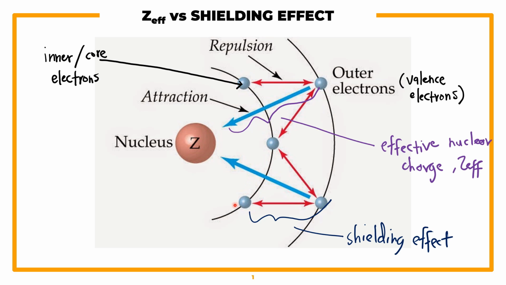So these inner electrons akan melindungi attraction forces between the valence electron and the nucleus. So bila ada pelindung, maka valence electron is said to be less attracted to the nucleus. So ini yang akan menyebabkan size of the atom getting bigger. So shielding effect akan menyebabkan atomic size getting bigger and Zeff akan menyebabkan atomic size getting smaller.